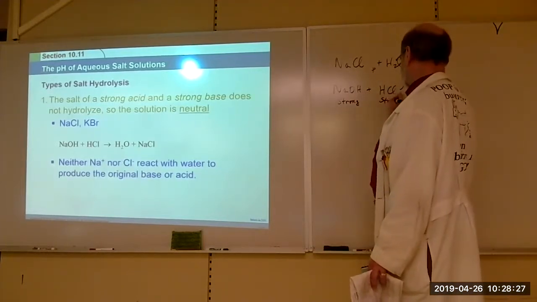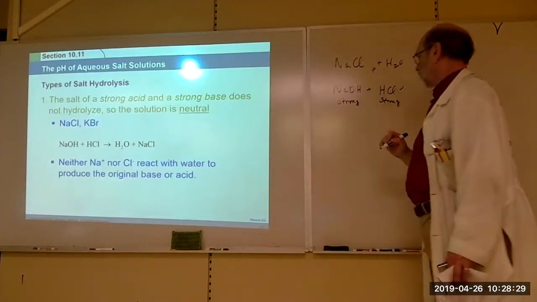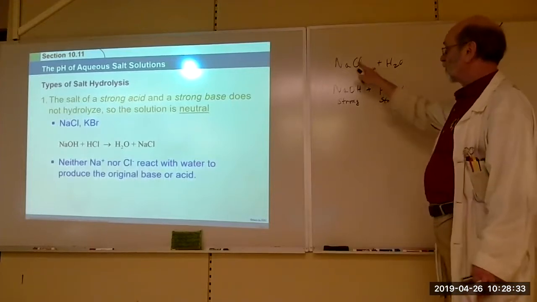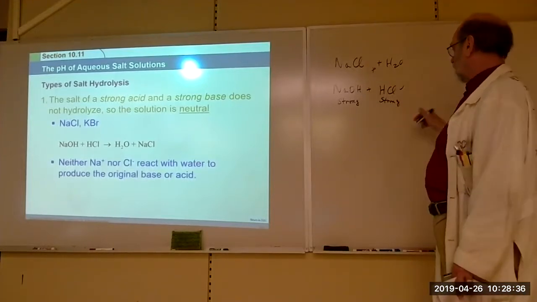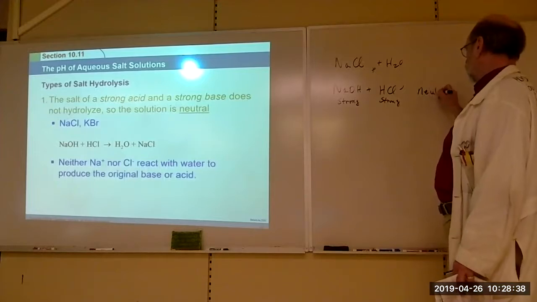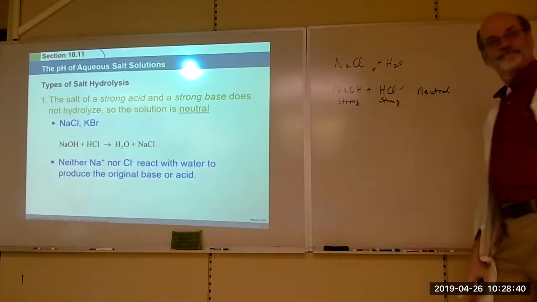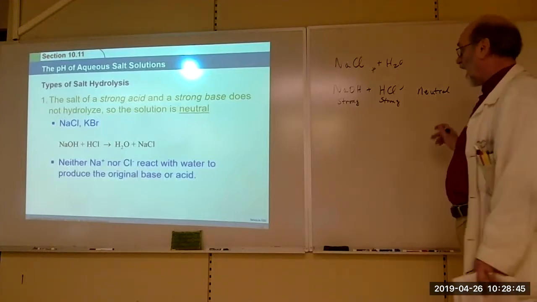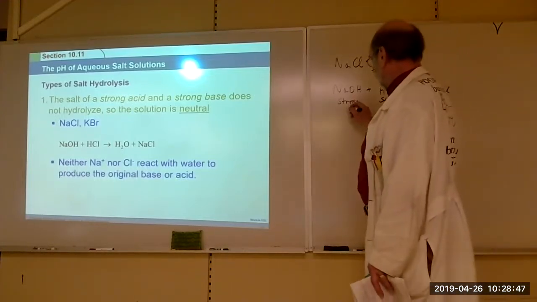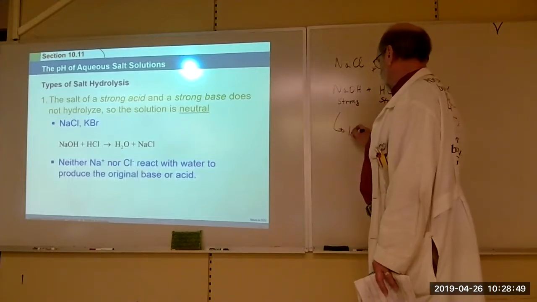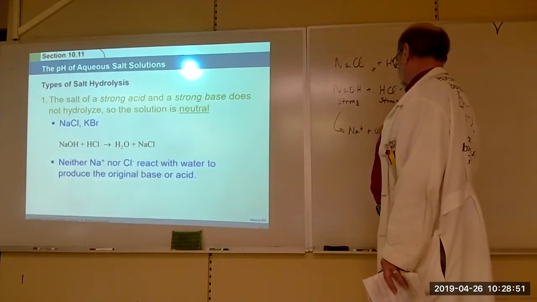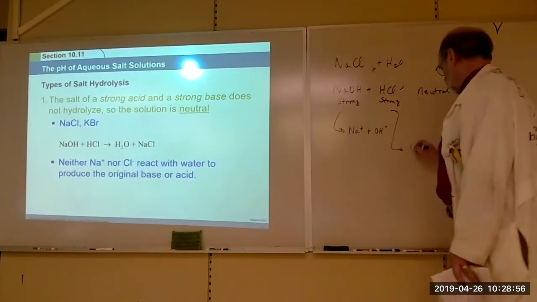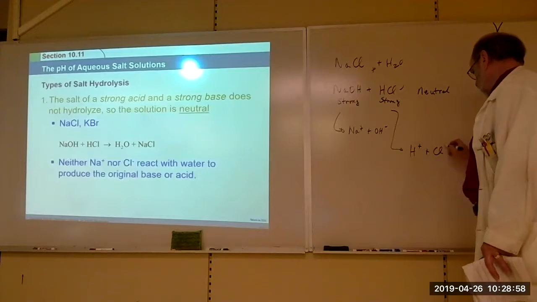This is a strong acid. So when you neutralize them, you end up with this. Dissolve that back in water, you get a neutral solution. Why? Because what happens to this when you put it in water? It makes that plus this, and this one makes this plus that.